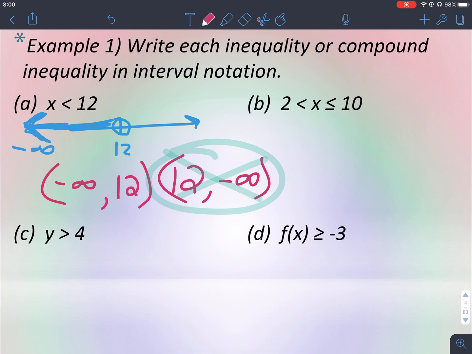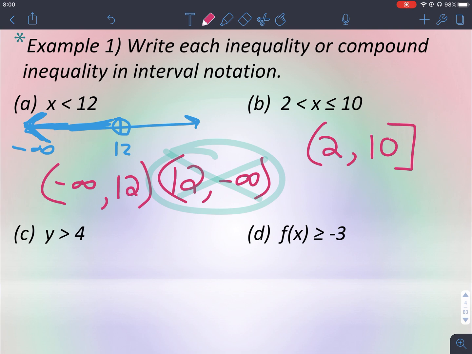B, this is a compound inequality. x goes from 2 to 10. So it starts at 2, it's excluded, so parentheses, comma, up to 10 included, so we need a bracket. And so 3, 4, 5, 6, 7, 8, 9, 10 is included, 2.01 is included, but not 2 itself.